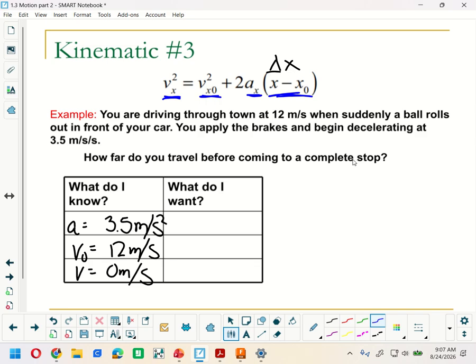So that's what it's looking for this time. What do I want? I want the change in x, which is my delta x. So we can go through and start plugging these in.